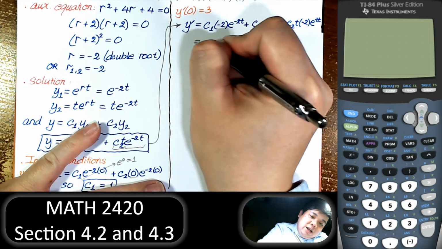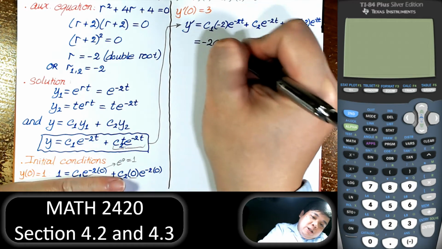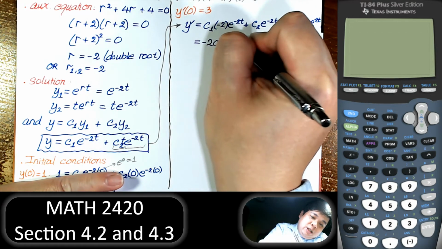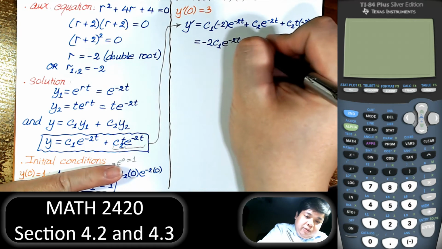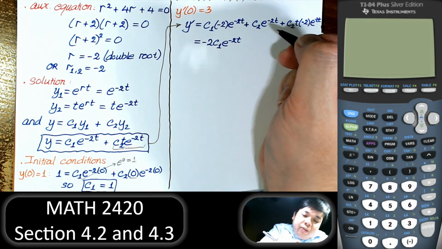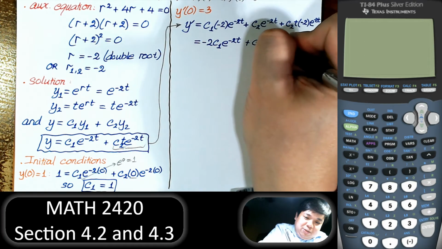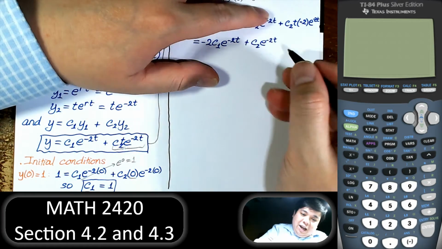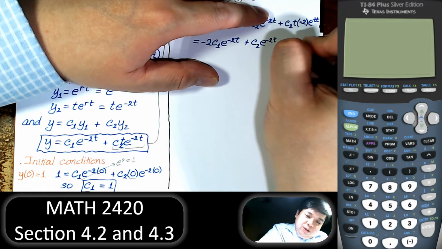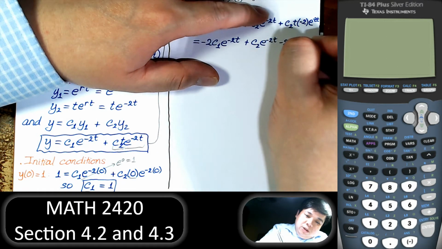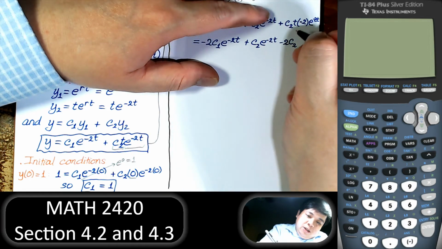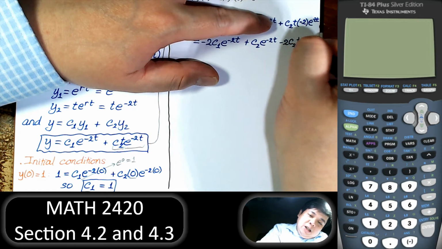So that gives us negative 2 C1 e to negative 2t plus C2 e to negative 2t, and that negative 2 C2 t e to negative 2t.